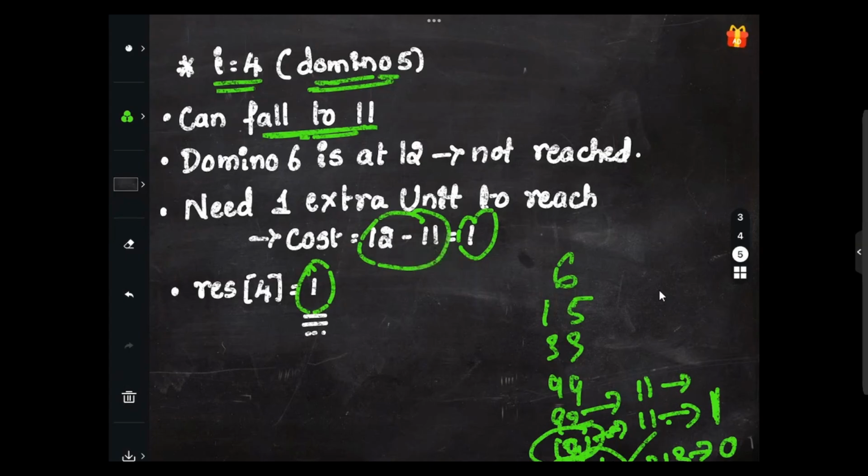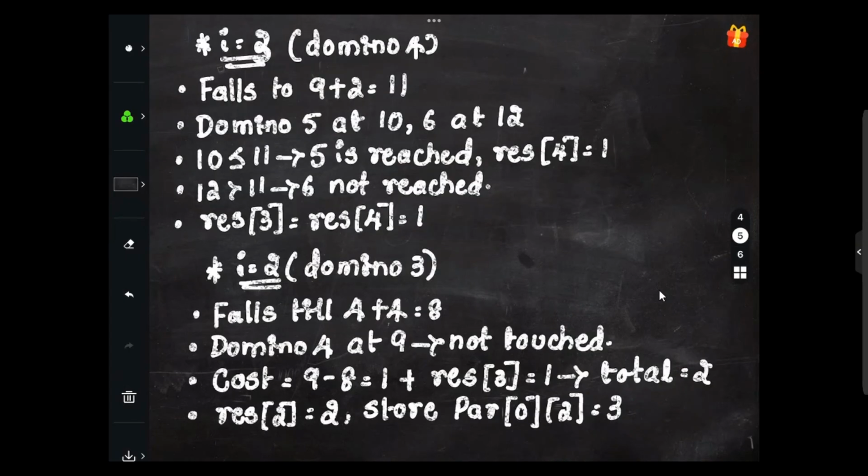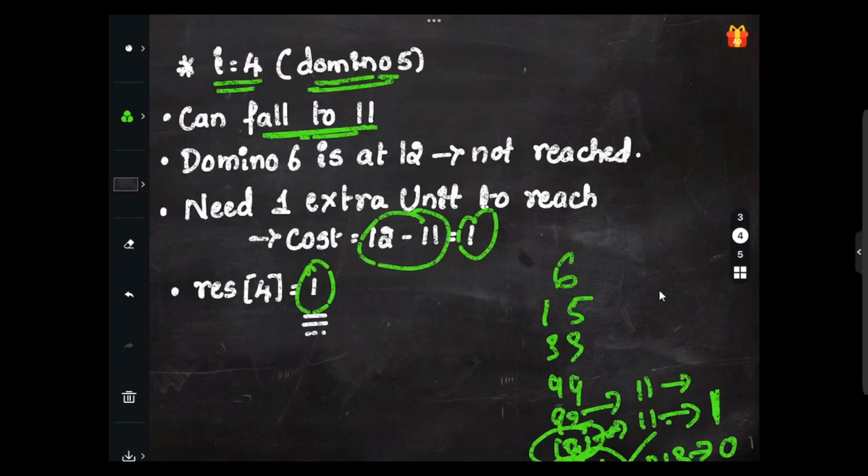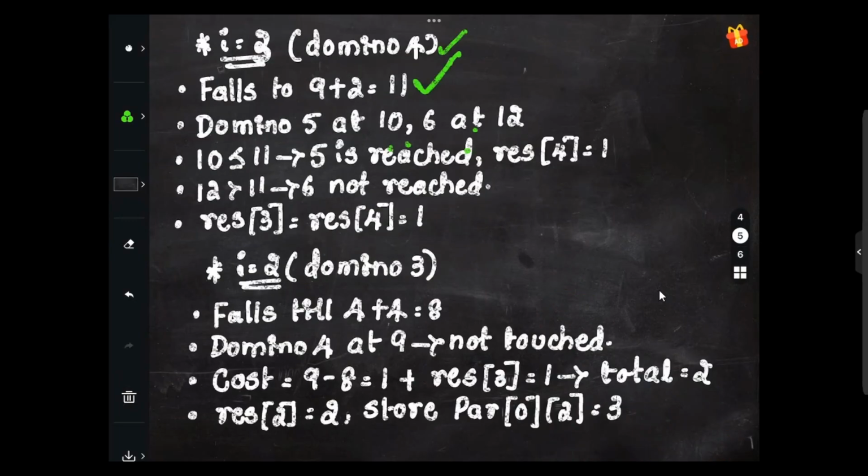Let's carry on with the further steps. Considering domino 4 here, it falls to 9 plus 2, nothing but 11. Domino 5 is at 10 and domino 6 is at 12.